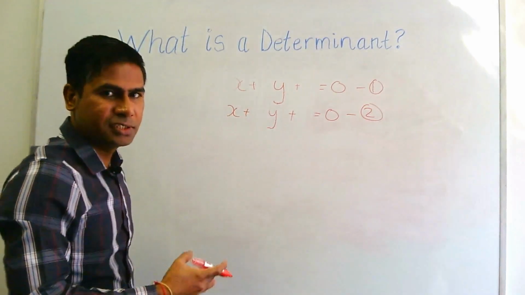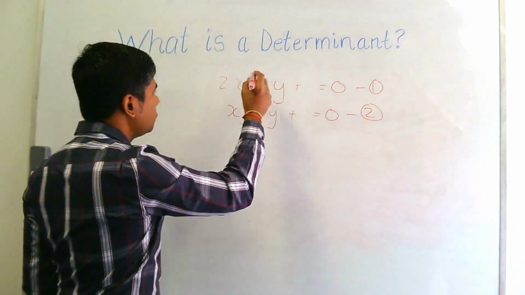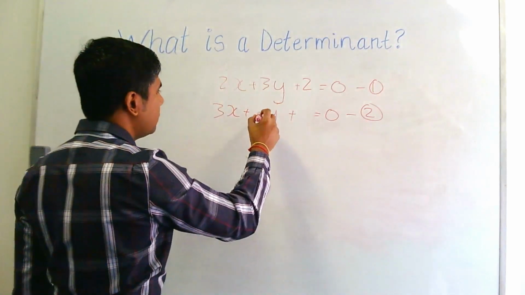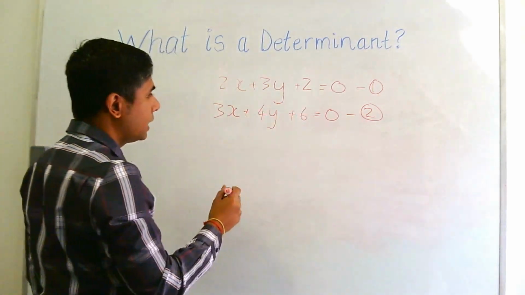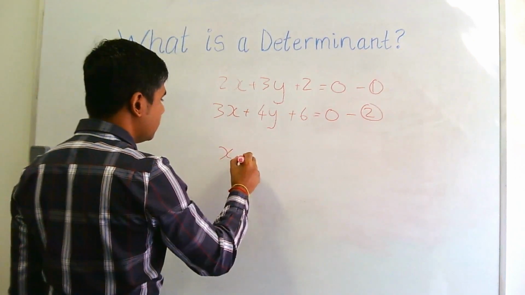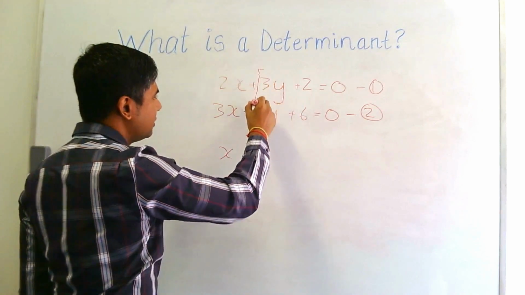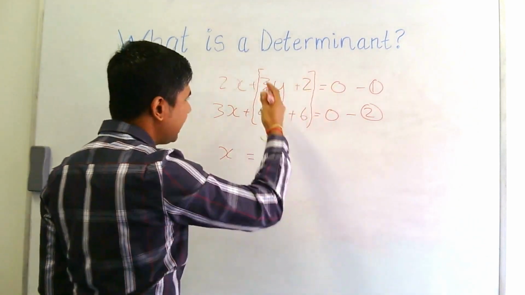So our original system of equations was 2x plus 3y plus 2, and then 3x plus 4y plus 6. And we had seen that x was equal to, firstly in the numerator, we isolate the second and third terms, and we make a determinant out of it.